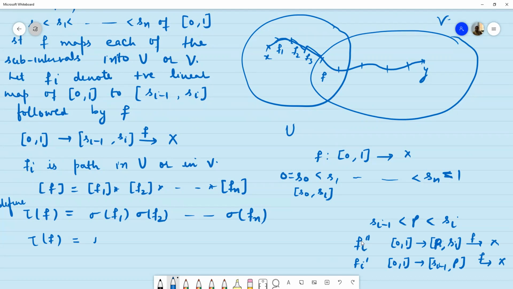So tau f for the new subdivision will be sigma f1, ..., sigma fi-1, and sigma fi will now be replaced by sigma fi', sigma fi'', then sigma fi+1 up to sigma fn. So this is our new definition of tau.